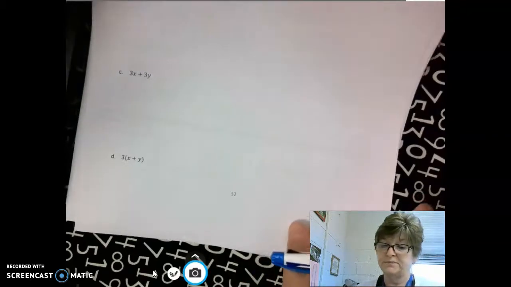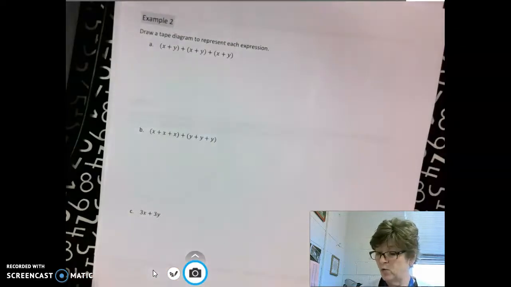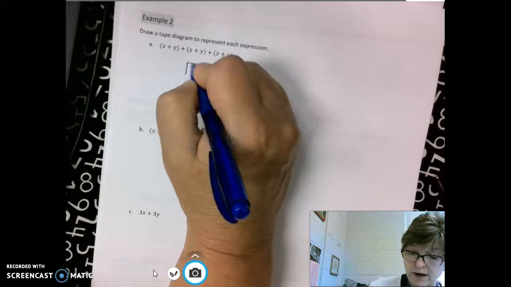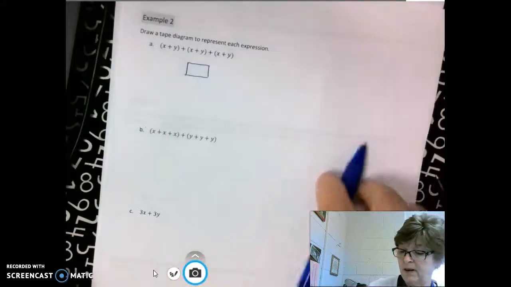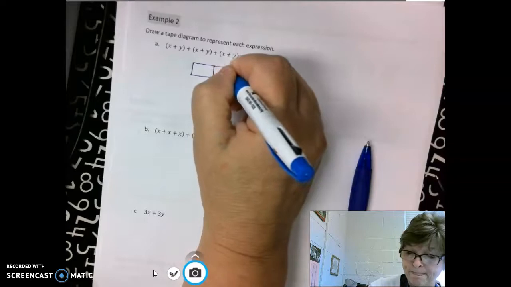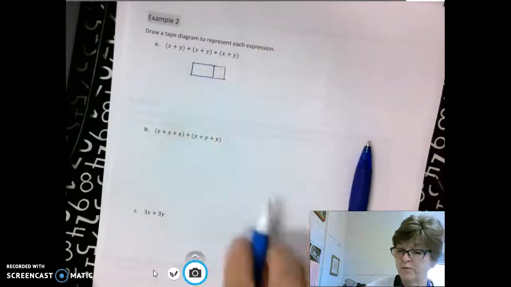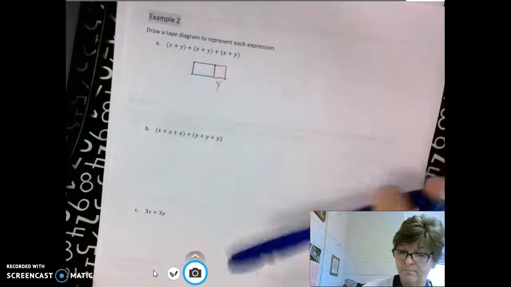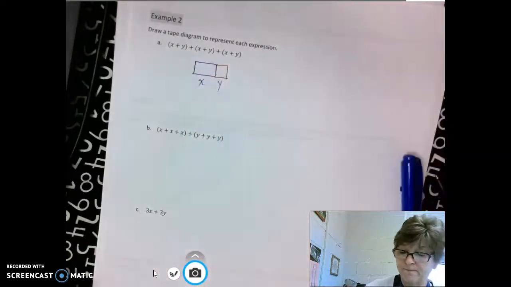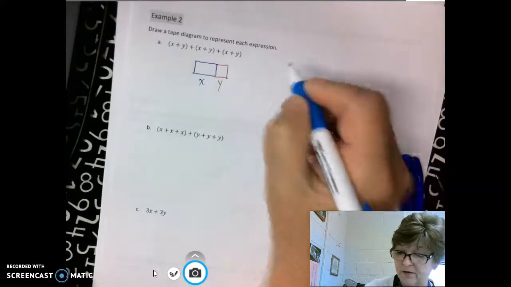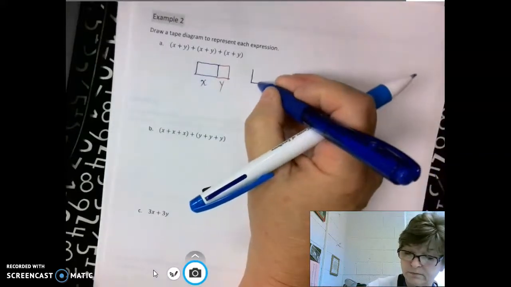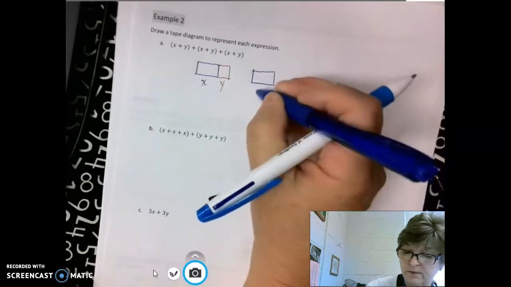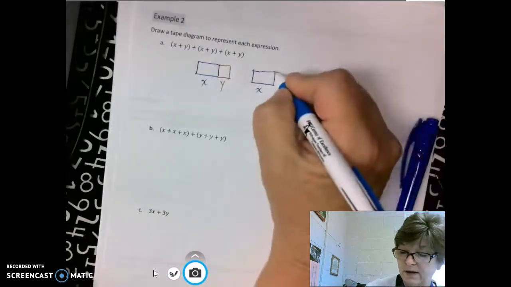Draw a tape diagram to represent each expression. Well, I have a group of x plus y. There's one group. And then I'm adding another x plus y.